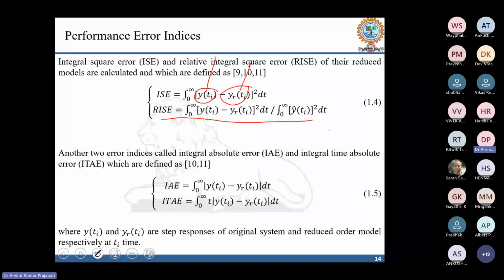By using these formulas, we can compare the relative integral square error of the original system and the proposed reduced order models. Two more performance error indices are also calculated by using these formulas, known as integral absolute error and integral time absolute error. These four performance error indices are used to calculate the quantitative error between the original system and the reduced system, meaning how much error you are getting with respect to the original system.